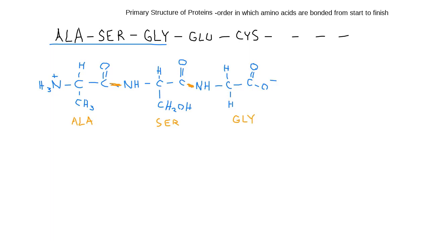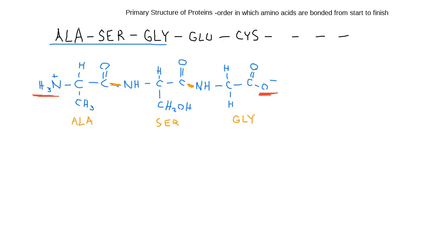And here's the thing. Notice that the two ends of the chain are not the same. On one end of the chain, I have an NH3. On the other end of the chain, I have an O-. You will always have this in any amino acid chain. You're always going to have a nitrogen at one end and an oxygen at the other.